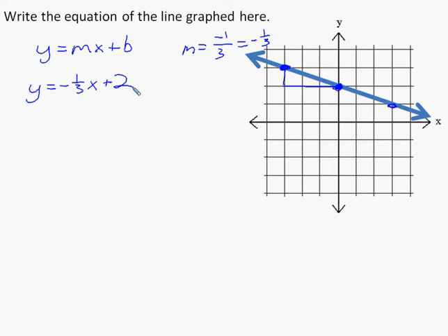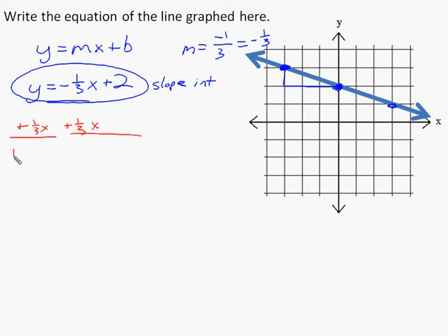Let's go ahead and change that to standard form. So here's one form of a line, slope-intercept. Changing it to standard form means I want to get the variables on one side, so I can add 1/3 x to both sides. And we'll have 1/3 x plus y equals 2. But as I mentioned earlier, we don't want fractions, so to get rid of fractions, we're going to multiply both sides by 3.